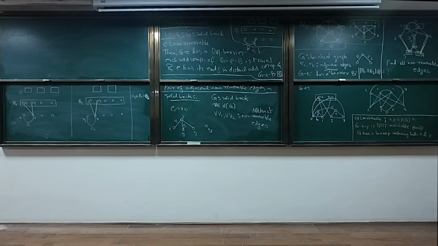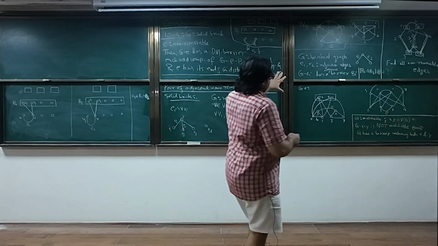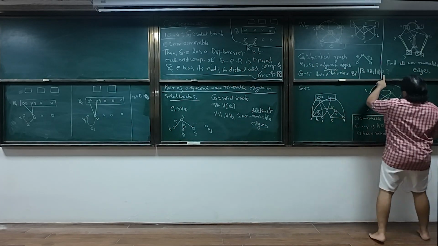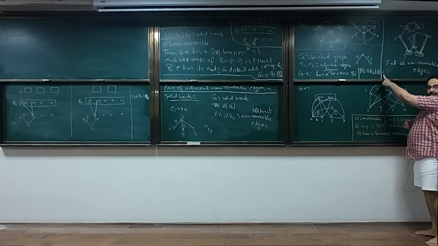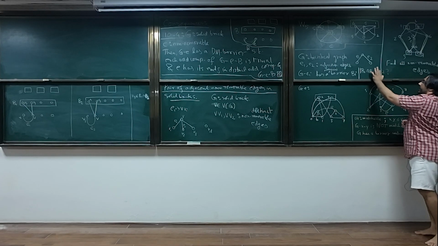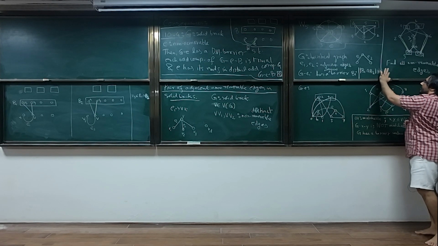But that means it uses both the edges, but they are adjacent, right? So that perfect matching M must use E1, it must use E2, but E1 and E2 are adjacent. Therefore, this is not possible. So, in this more general situation, we concluded that this is not possible. Therefore, the intersection has to be at most 1.